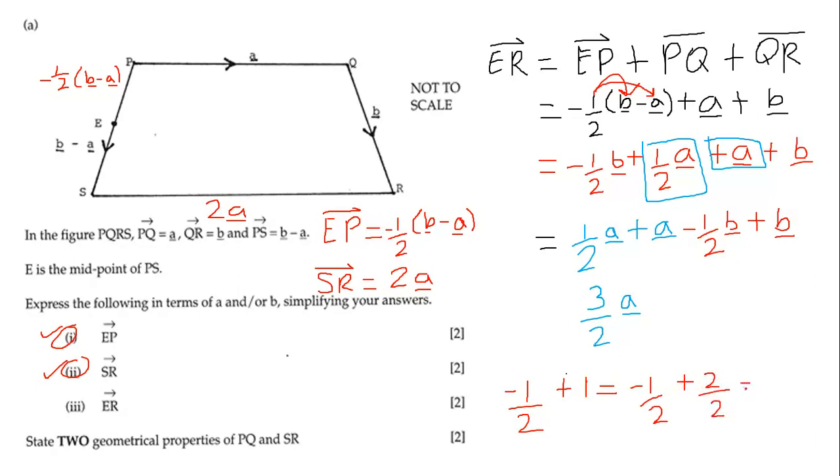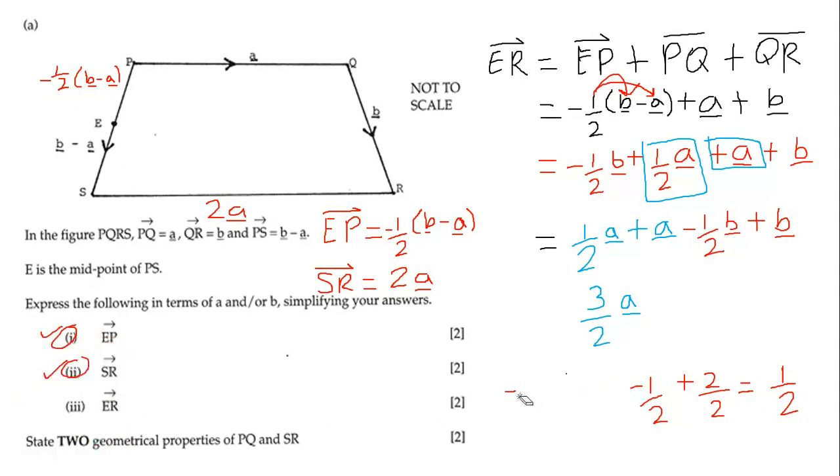And then we add the numerator. So what is negative 1 plus 2? Negative 1 plus 2 is equal to 1. And we keep the denominator, so this is going to be 2. So negative a half plus 1 is equal to a half, or 1 over 2.